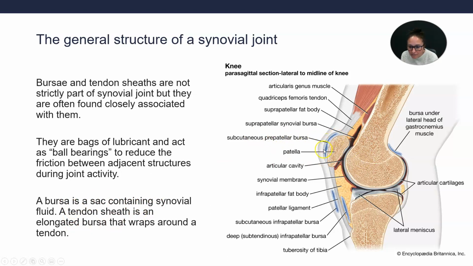Look, there's one there. There's a bursa. And there's a bursa there. So it just gives an extra kind of structure. And a tendon sheath, if I can get my words out, a tendon sheath is an elongated bursa that wraps around a tendon. Okay, so just for your own knowledge there, sometimes people have bursitis. Okay, so now you know what that means because you've actually done this subject.